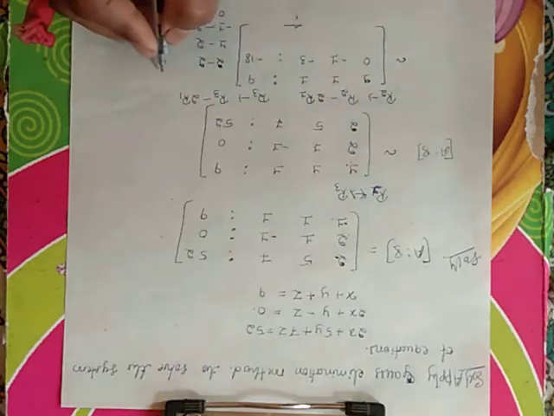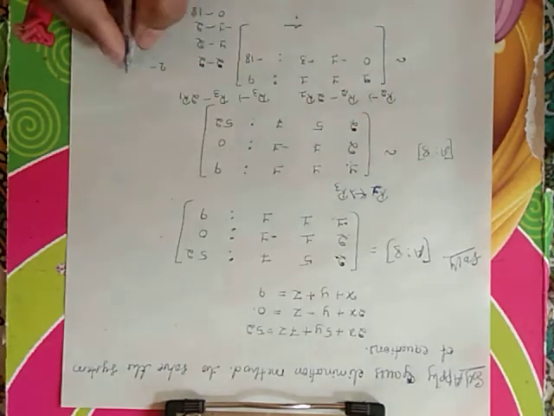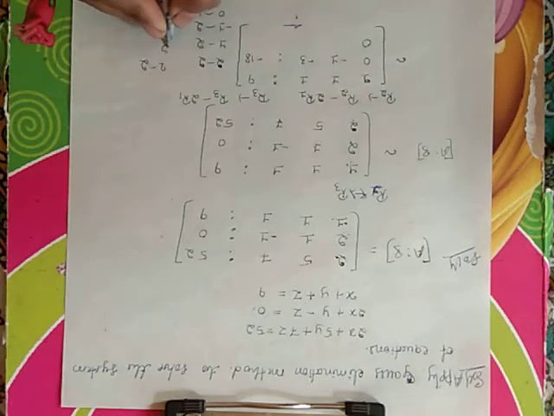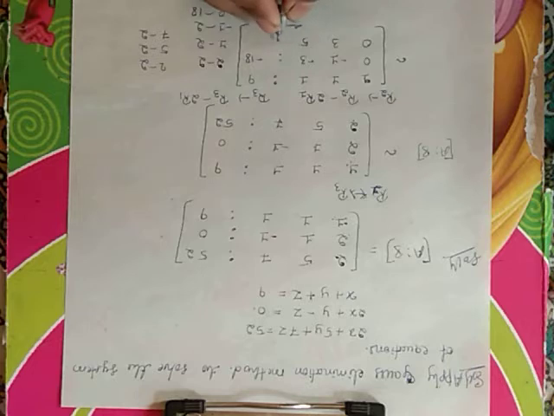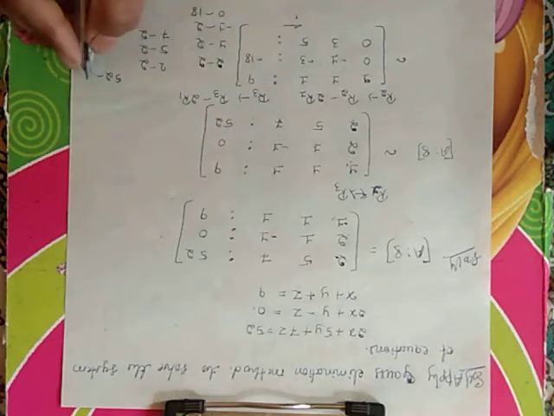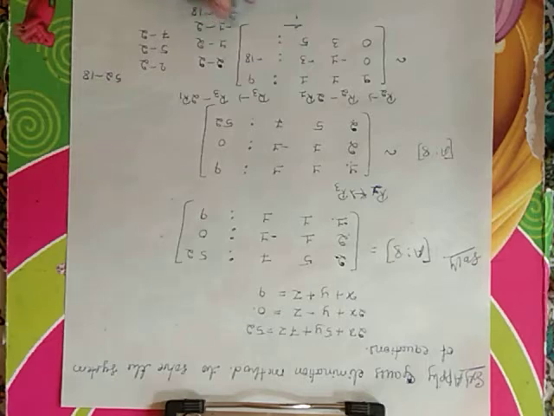Next, 2 minus 2 into 1, 0; 5 minus 2 into 1, 3; 7 minus 2 into 1, 5; 52 minus 9 into 2, 18, 34.